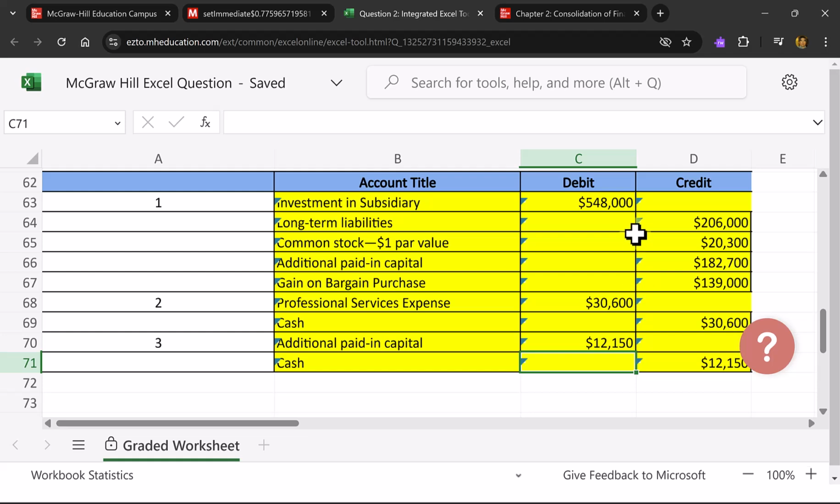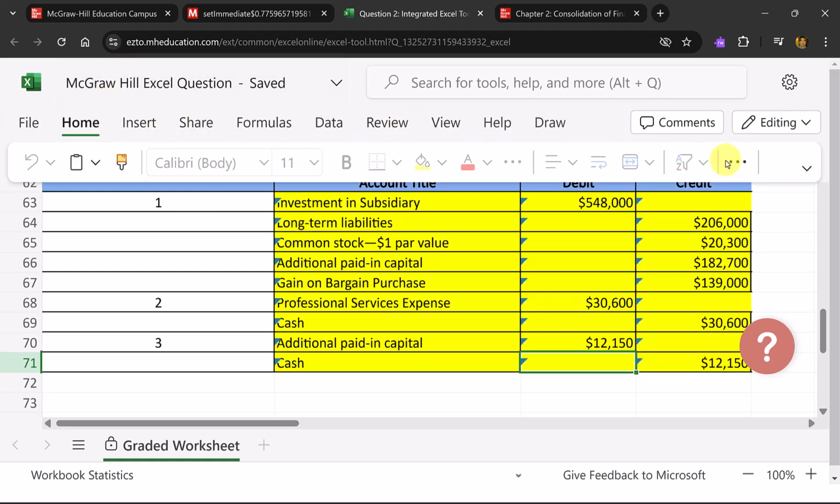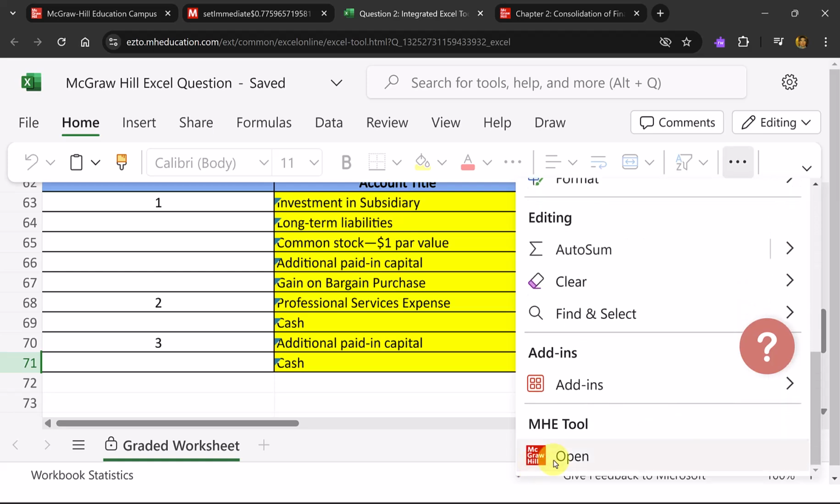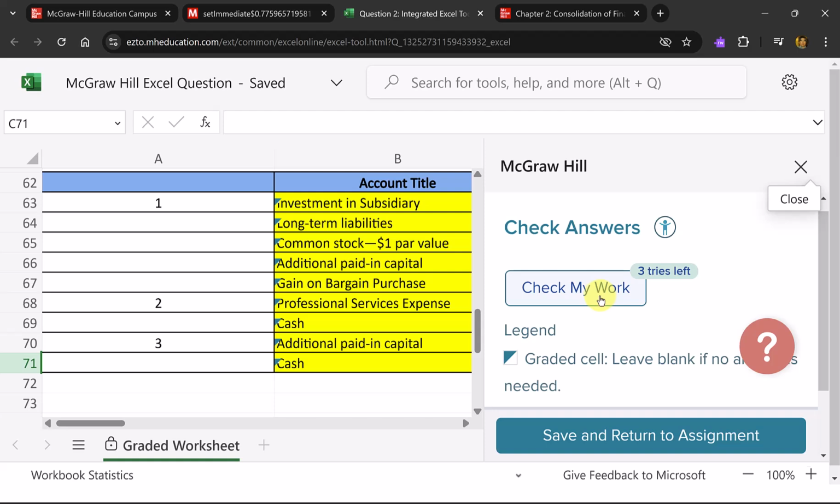Okay, every row has either a debit or credit. So let's check my work. Okay, I have 3 attempts here for this one problem.